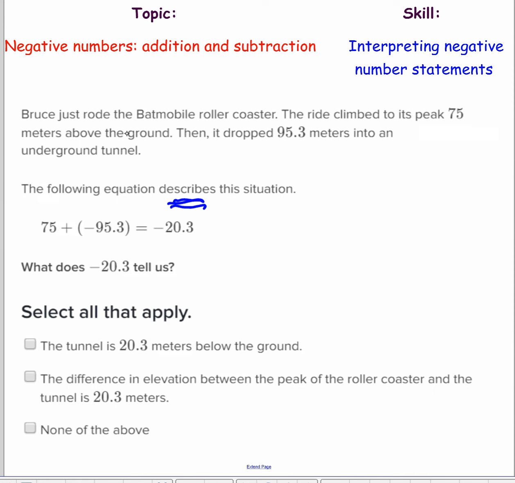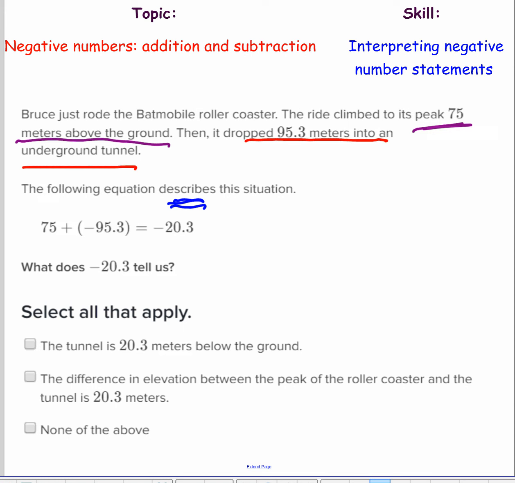So Bruce just rode the Batmobile roller coaster. The ride climbed to its peak, so the peak is 75 meters above the ground. Okay, that's good to know. Then it dropped 95.3 meters into an underground tunnel. Wait a minute.